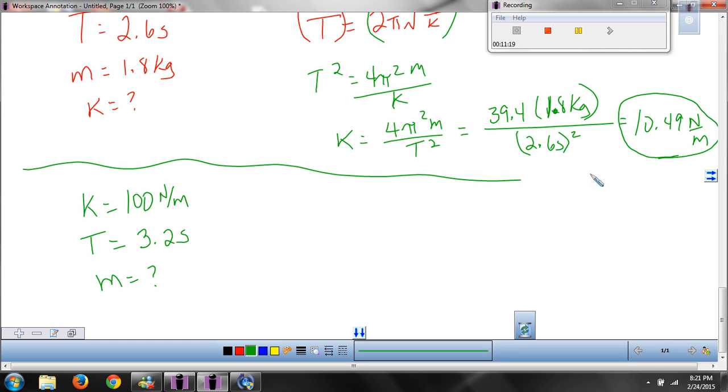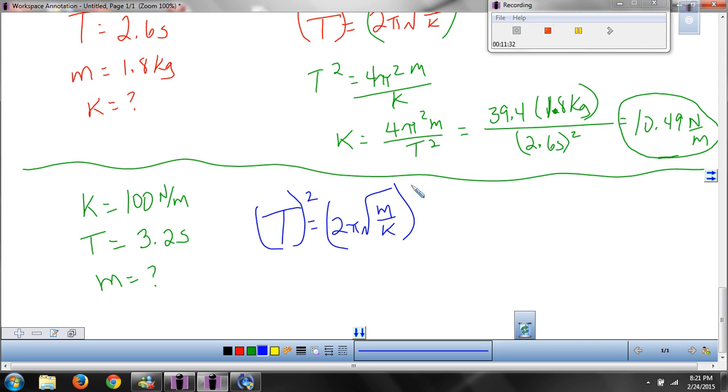So, same equation, the period of a spring is equal to 2 pi square root of m over k. I have to square both sides to get rid of that square root sign. So now I have T squared equals 4 pi squared m all over k.